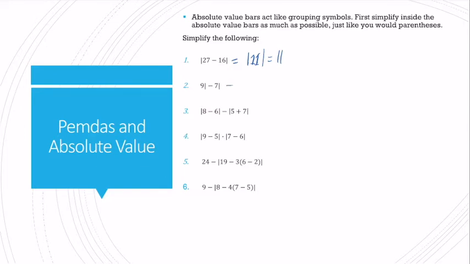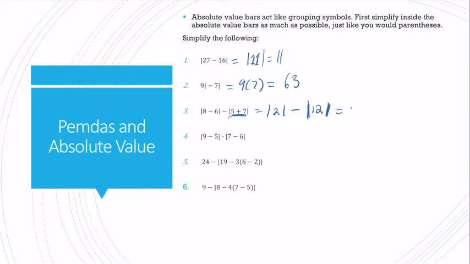So 9 times 7 is 63. I'm going to take the absolute value of 8 minus 6, so that's the absolute value of 2 minus the absolute value of 12. Gosh, that gives me 2 minus 12, which is negative 10.